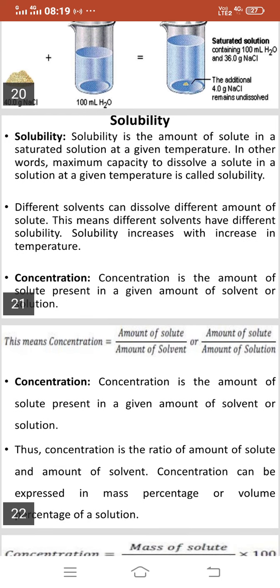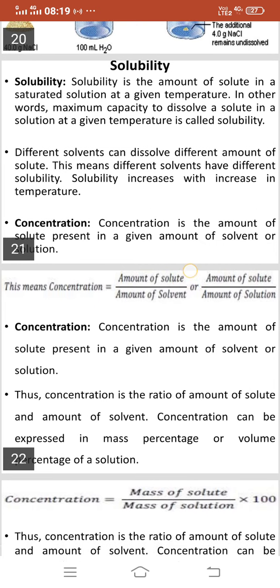Concentration. Concentration is the amount of solute present in a given amount of solvent or solution. This means concentration equals amount of solute upon amount of solvent, or amount of solute upon amount of solution.